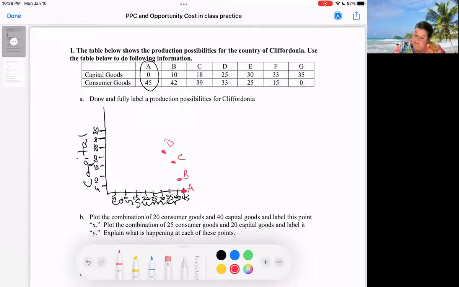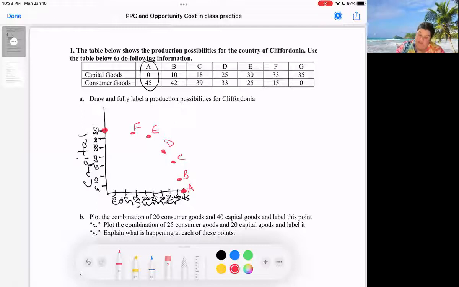There's D. Then E goes to 30 and 25, which is here. F is 33 and 15, so here. And then way over here at point G is 35, all capital goods, and 0 for consumer goods.